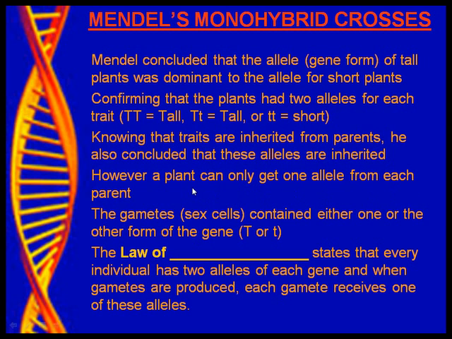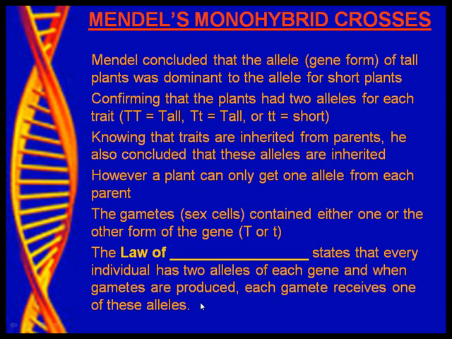Okay, and we saw this in meiosis. The gametes contained either one of those forms of the factors. Again, he called them factors, we call them genes, and we're going to refer to them as big T little t, big A little a, big B little b, all the time just using letters. Right? And again, this goes right back to meiosis. This refers to one of Mendel's laws that he came up with from his work, and that is the law of segregation.